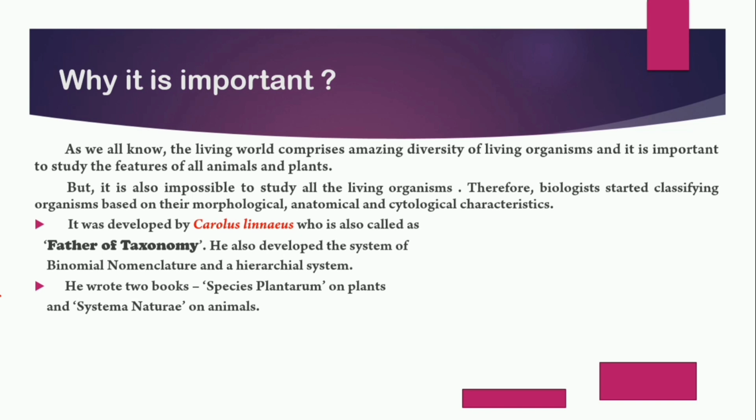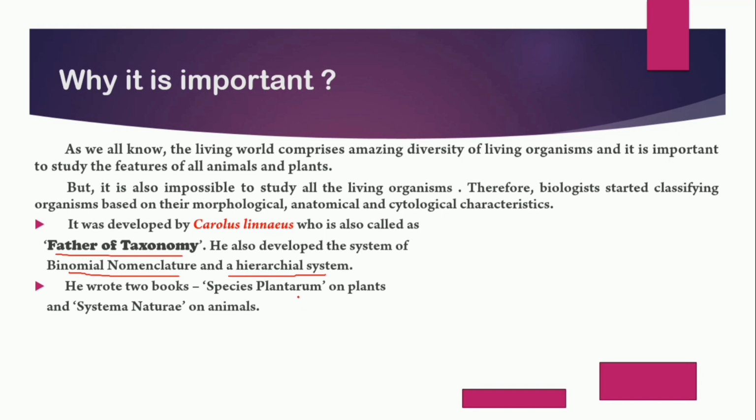So this is the basic detail about the biologist Carolus Linnaeus. He is known as the father of taxonomy, and you should know this. He developed binomial nomenclature and a hierarchical system. We'll later learn about binomial nomenclature and the hierarchical system.